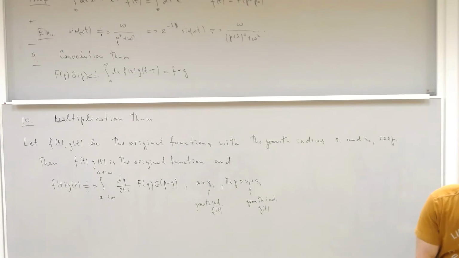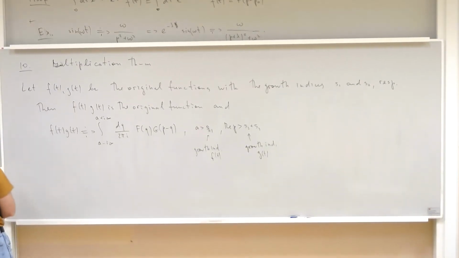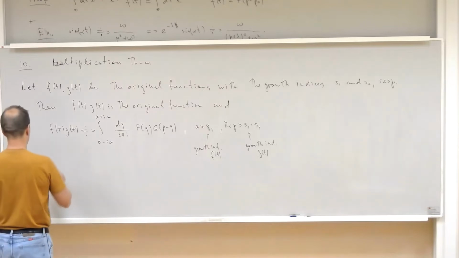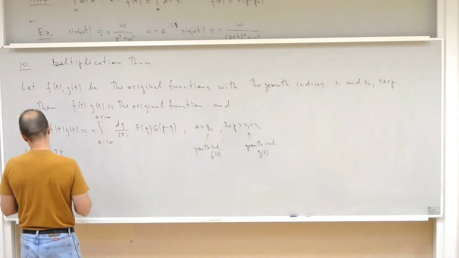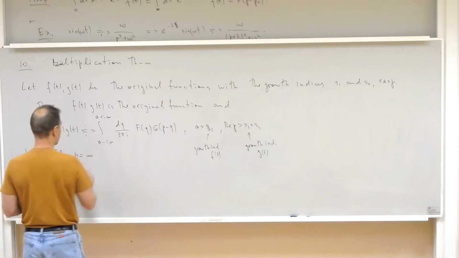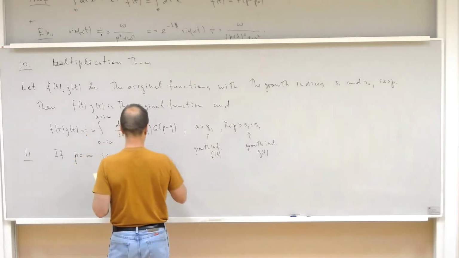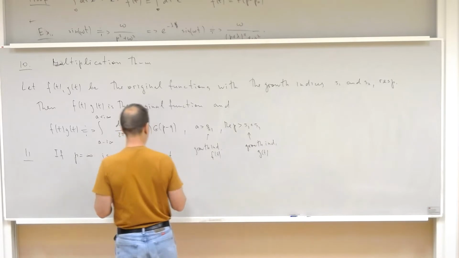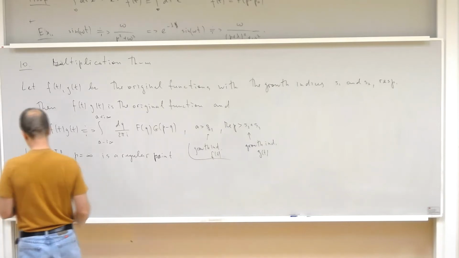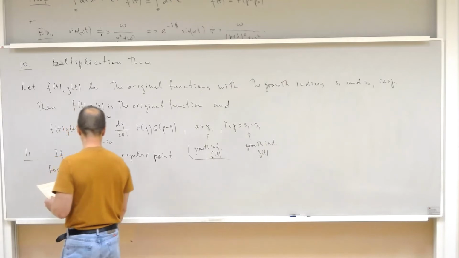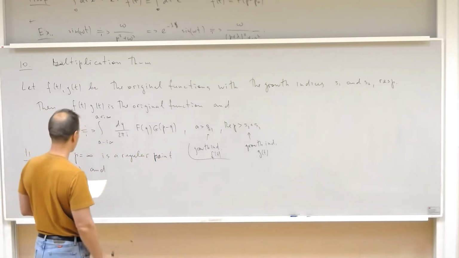Now, another property. Suppose the infinitely distant point, equal to infinity, is a regular point of F large, and in some punctured neighborhood there exists a Laurent series of this function.